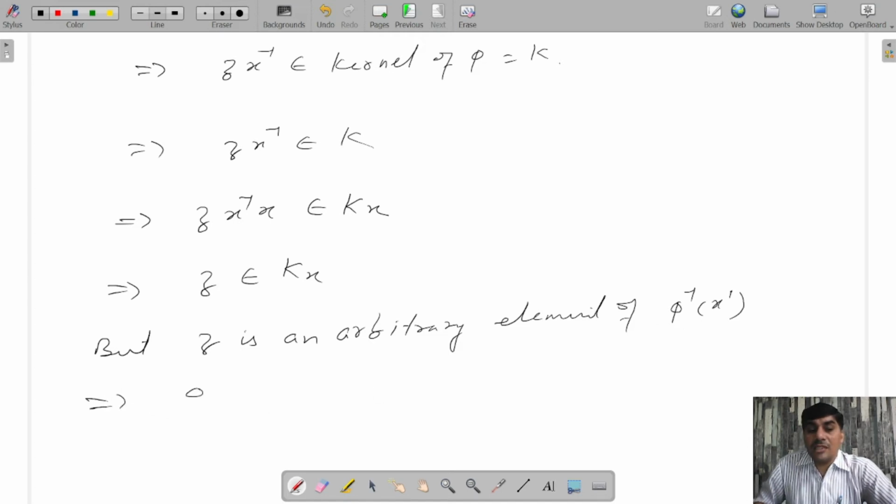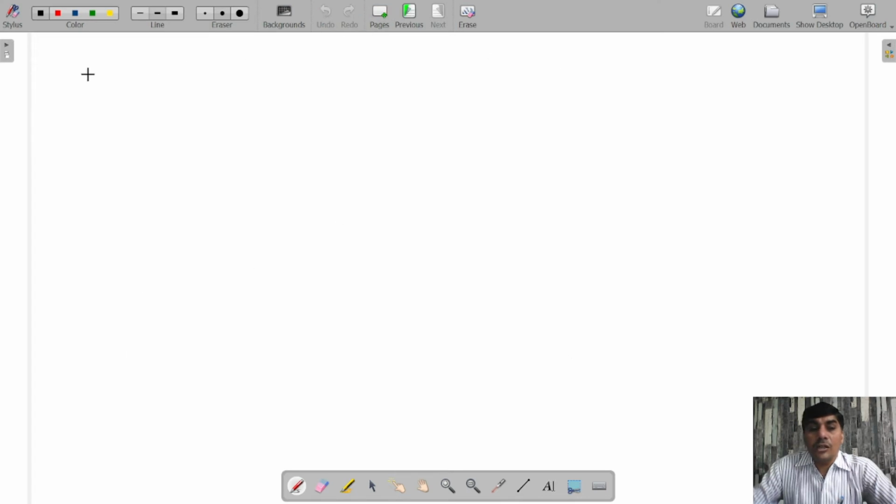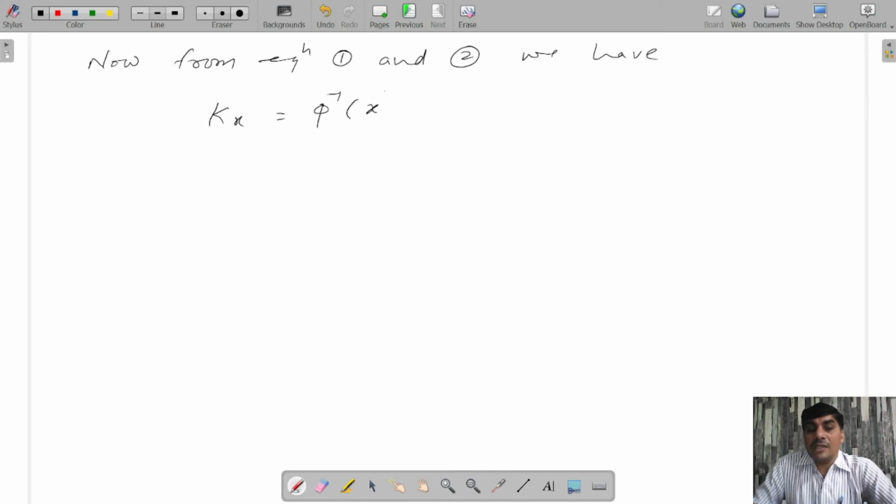This implies phi inverse of x dash is contained in Kx. Put it equation number 2. Now from equation 1 and 2, we have Kx is equal to phi inverse of x dash, which is the required result.